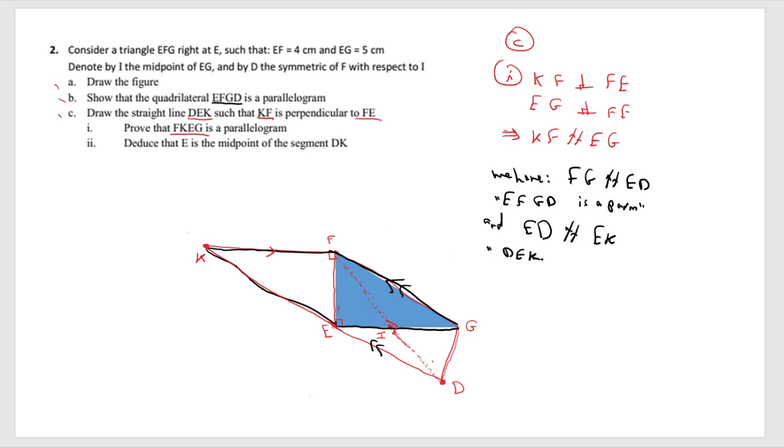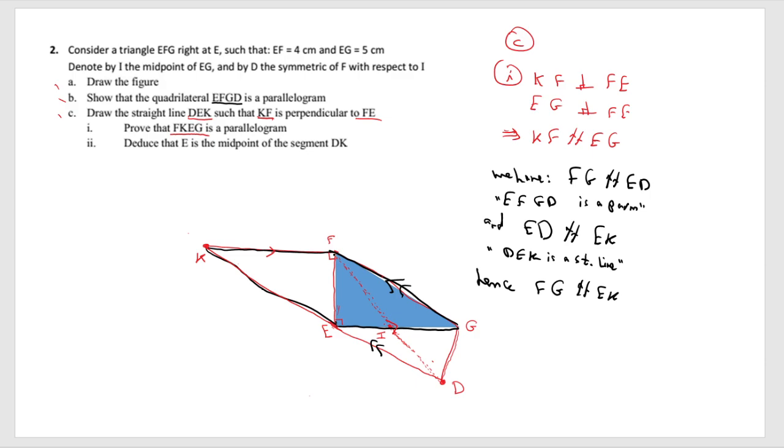DEK is a straight line. طيب بما انه DEK هو straight line فصار هيدا وهيدا parallel. طيب as a result شو بتعطينا هودي؟ الاف جي parallel للاي دي والاي دي parallel للاي كي، فشو صار؟ صار الاف جي parallel للاي كي.